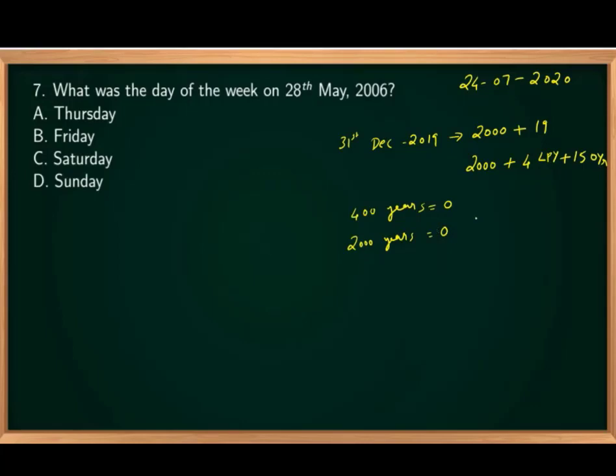So 0 plus 4 leap years means 4 into 2, since one leap year contains 2 odd days, so 8 odd days. 15 ordinary years means 15 into 1, 15. 15 plus 8, 23 odd days. We have to divide by 7 and take the remainder: 21, then 2 odd days.